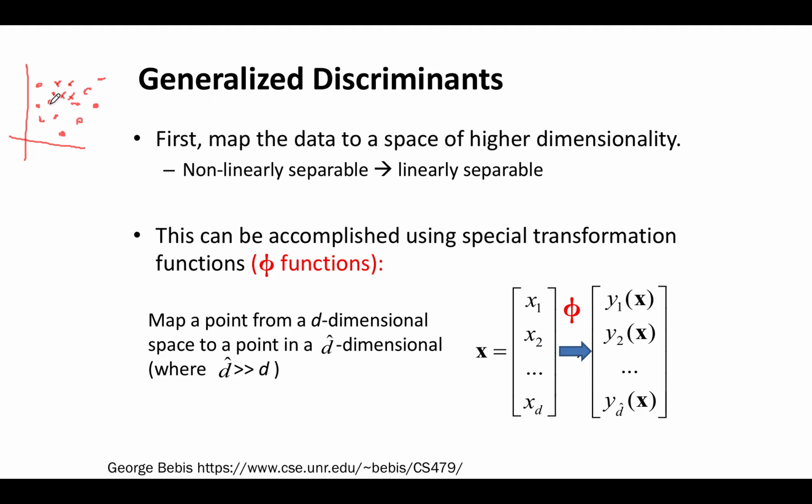There is no decent way for me to draw a line and get a reasonable error rate. Of course, I can't get a perfect error rate, but I can't even get a reasonable error rate on this problem. To be able to separate this data well, you need a nonlinear classifier.